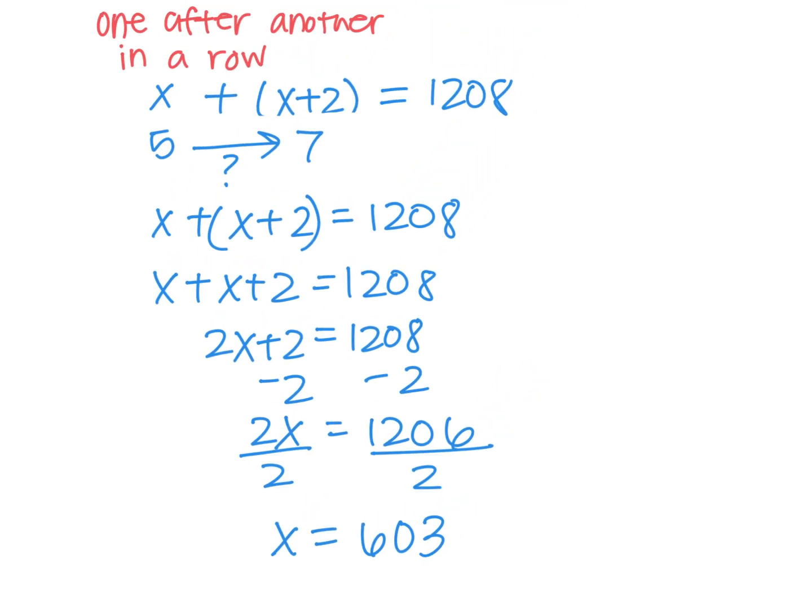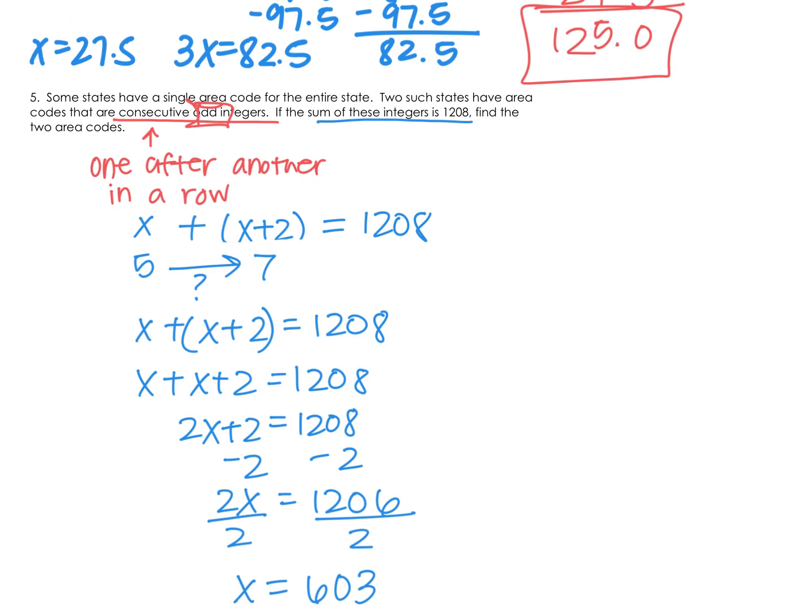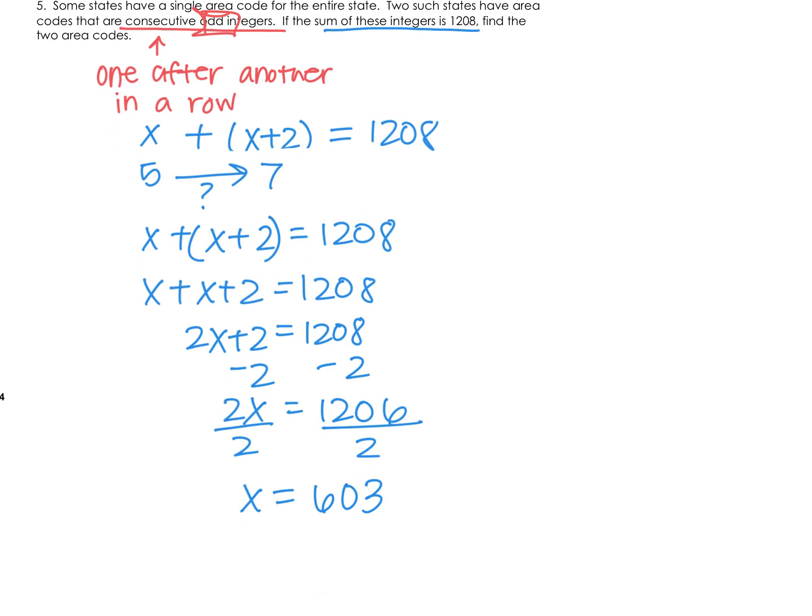You're so right. There's more because the last step of problem solving is to interpret what it's asking me. What's it asking me? It's to find the 2 area codes. We're not going to divide by 2. Listen.